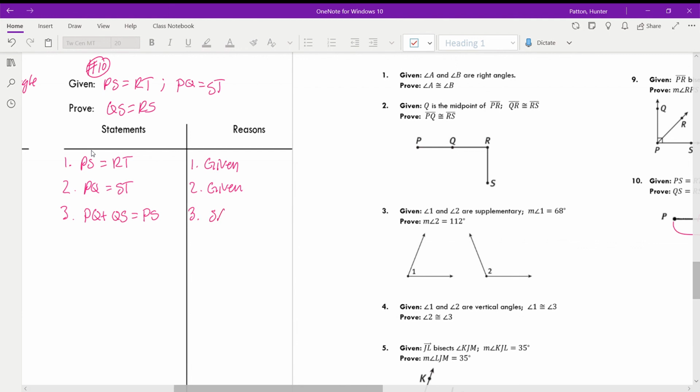This is by the segment addition postulate. Alright, I've introduced QS, that's cool.